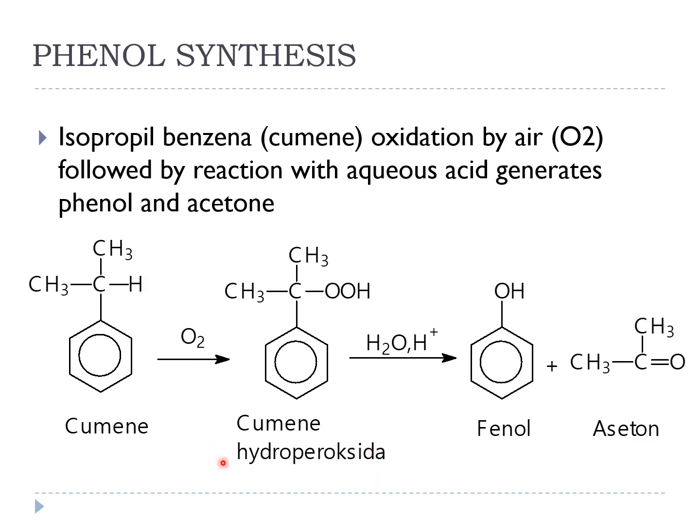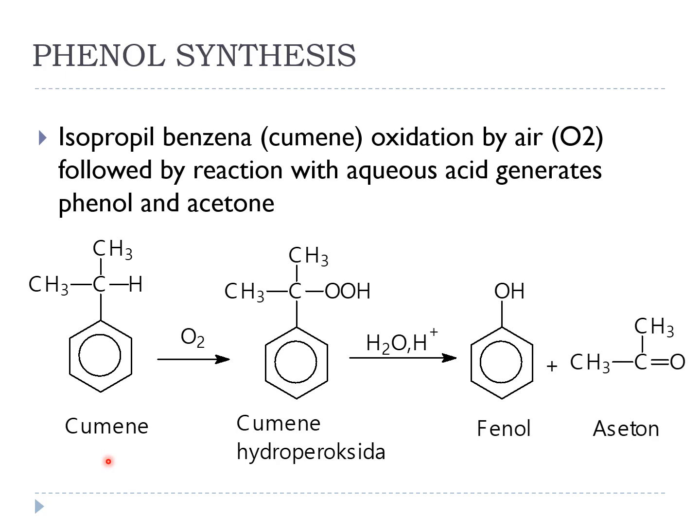Okay. What is the product of the oxidation of cumene by potassium permanganate? The product of oxidation of cumene by potassium permanganate will produce benzoic acid.